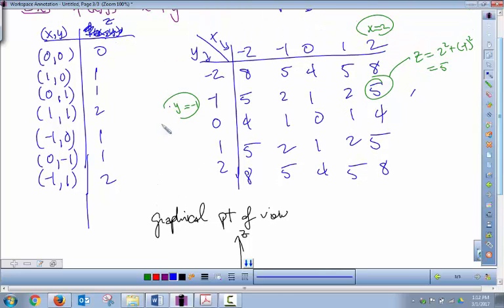X is equal to 2 and y is equal to -1, and so your output, which is our z value, is 5. So it seems kind of natural to say, hey, this is just a point. It has an x equal to 2, a y of -1, and a z value of 5. So it seems like we can express this as a point in XYZ space.